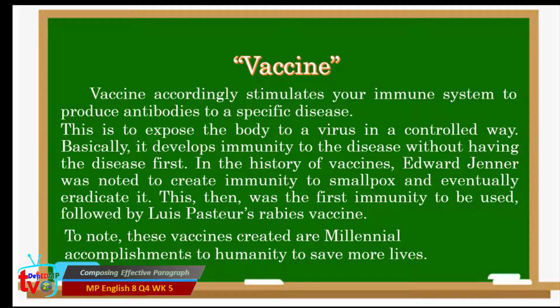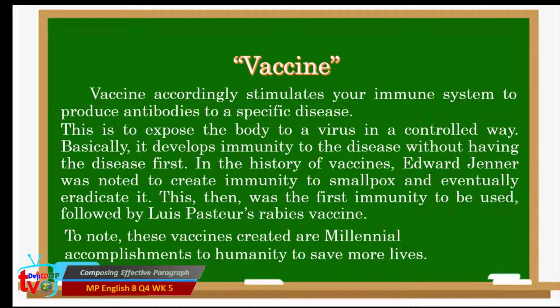In the history of vaccines, Edward Jenner was noted to create immunity to smallpox and eventually eradicate it. This then was the first immunity to be used, followed by Louis Pasteur's rabies vaccine. To note, these vaccines created are millennial accomplishments to humanity to save more lives.